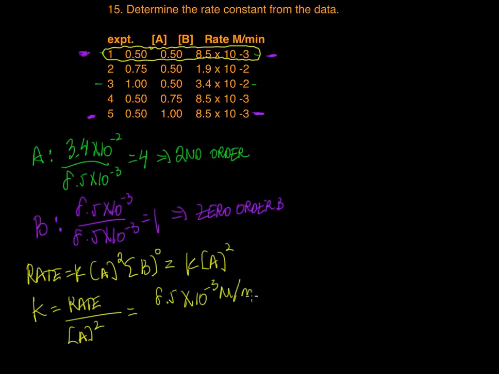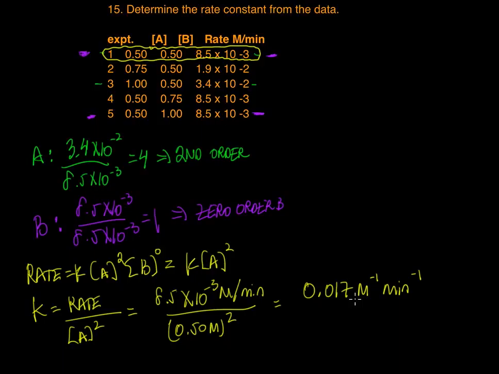Molarity per minute is the unit here. And we divide by 0.50 molarity squared. When you work this out on your calculator, you get 0.017 per molarity per minute.